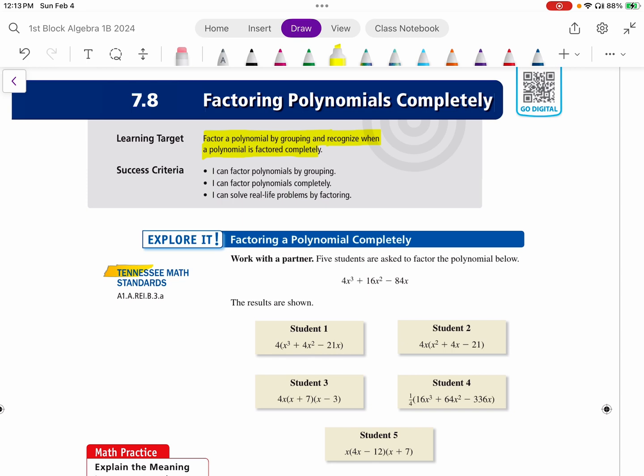So to know that you are successful with the learning target, you will be able to factor polynomials by grouping. You'll be able to factor polynomials completely, and of course, solve real life problems by factoring.